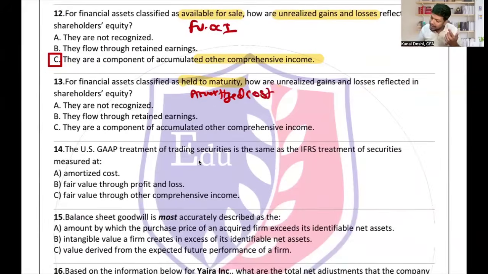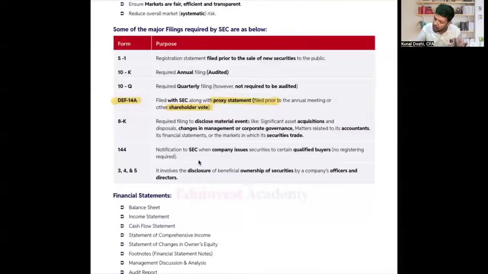So, what about held to maturity, unrealized gain and loss? Guys, held to maturity are at amortized cost, so they are always recognized at amortized cost. Therefore, there is no unrealized gain and loss, and hence they are not recognized at all. Everyone understood? Check, check, check.